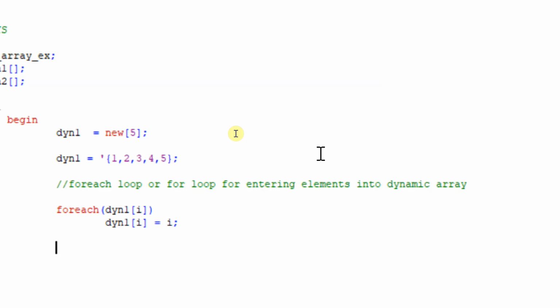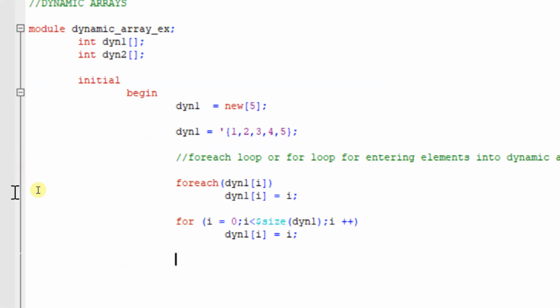Or else I can use a for loop: for i is equal to 0, i less than 5, i plus plus, or rather not 5, I can use the built-in function $size of dyn1. dyn1 of i is equal to i. So these are the two methods which I can use for inserting elements into the dynamic array.